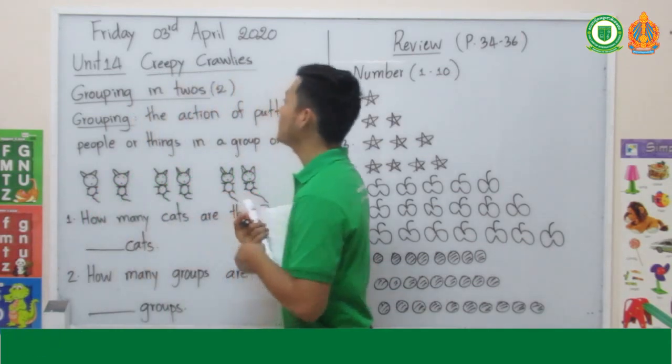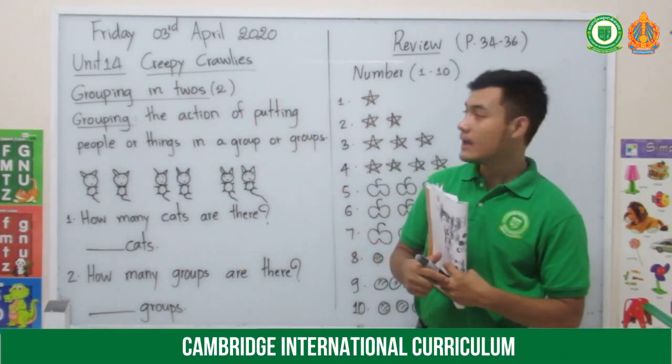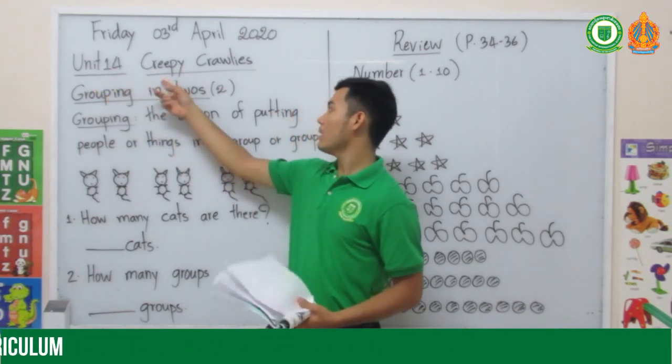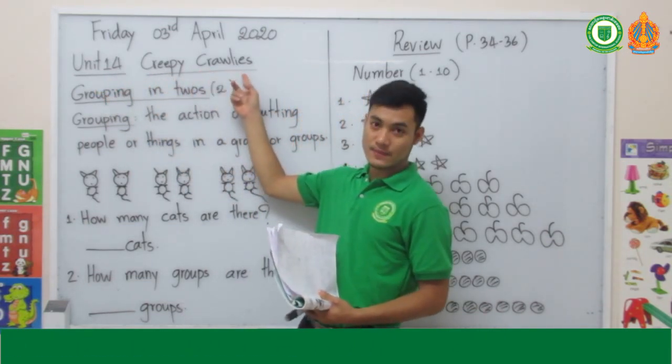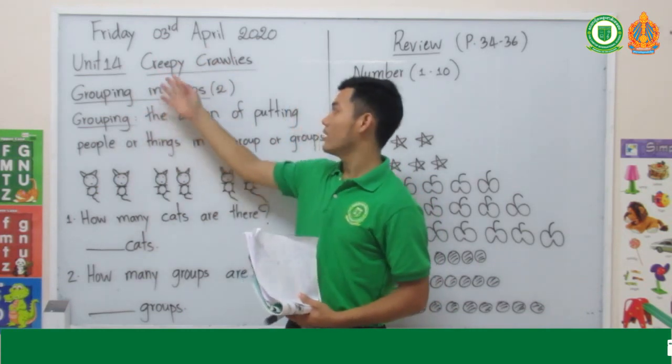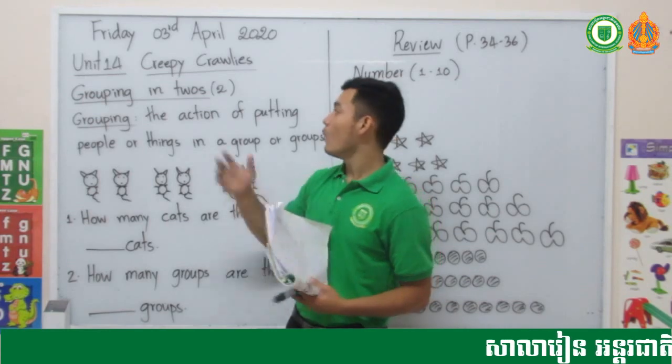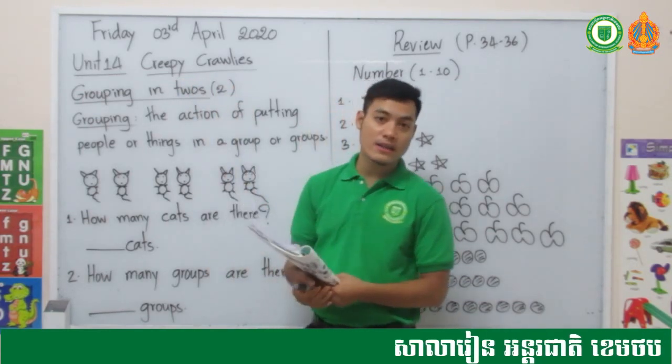Now we're going to learn the new lesson for today, Unit 14, Creepy Crawlies. Before going to the next, we need to understand the title of your unit first. So what is creepy crawlies?